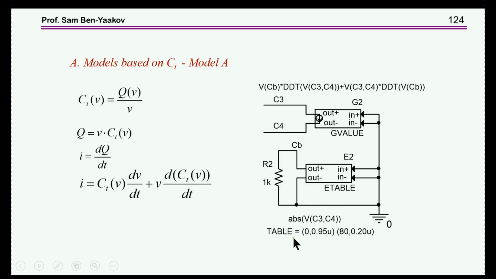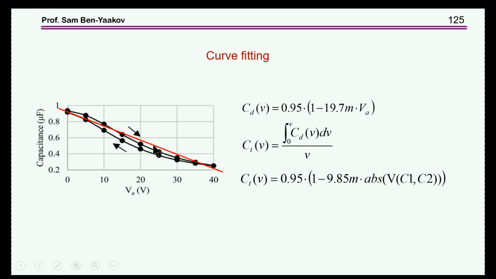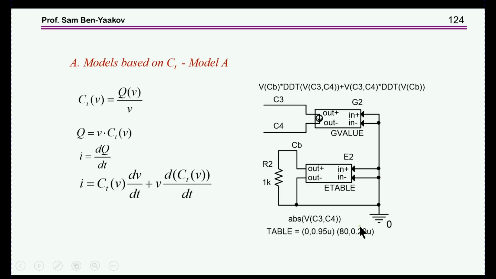I could have done it with a table, and this is what I did. I approximated the straight line. So I have 2 points on the table, the beginning and the end.